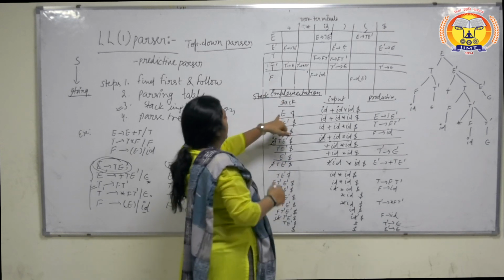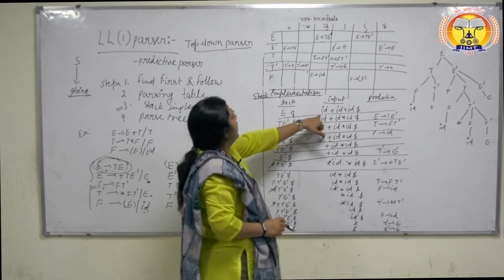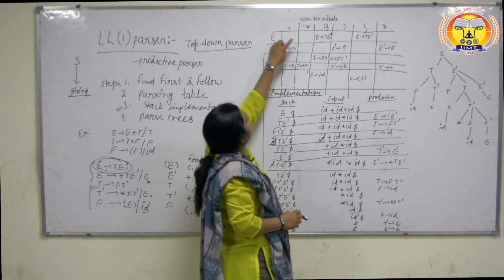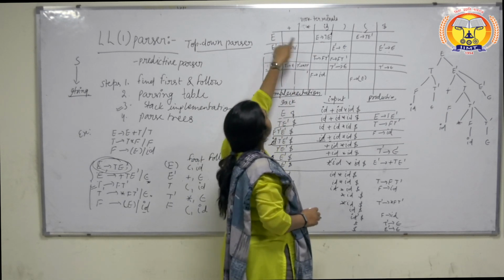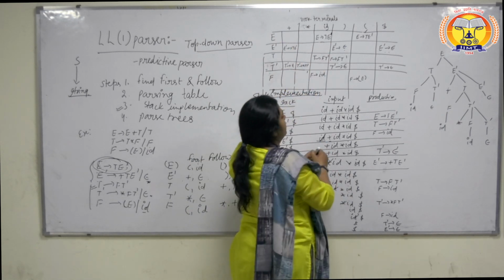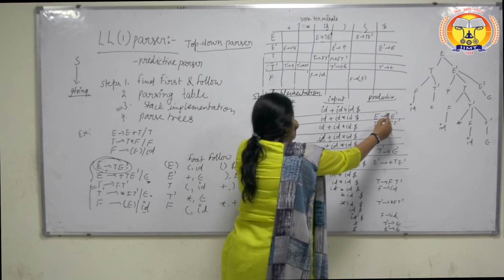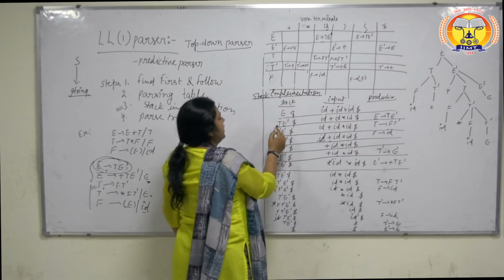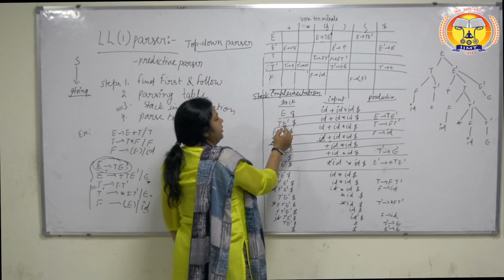You can see E and ID. What is the entry of E in ID? That is E tends to T E dash. So we will write E tends to T E dash.